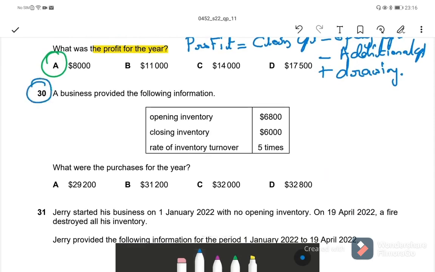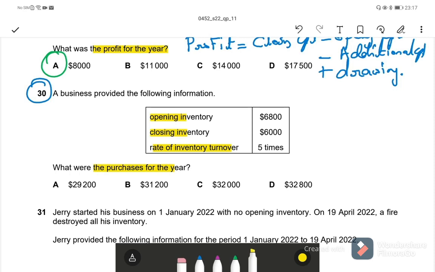30. A business provided the following information: opening inventory, closing inventory, rate of inventory turnover. What is the question? What were the purchases for the year? To calculate the purchases for the year, first we have to know the cost of sales.